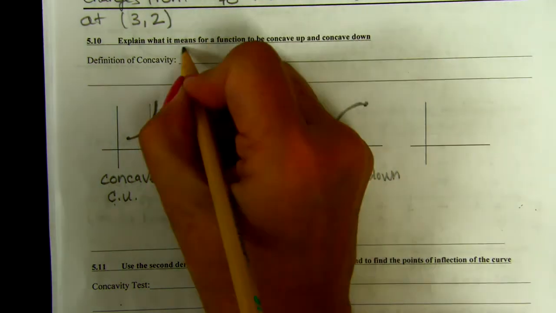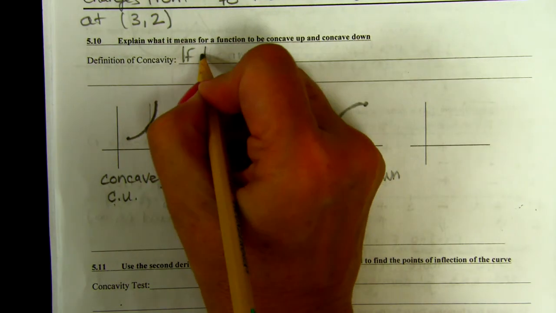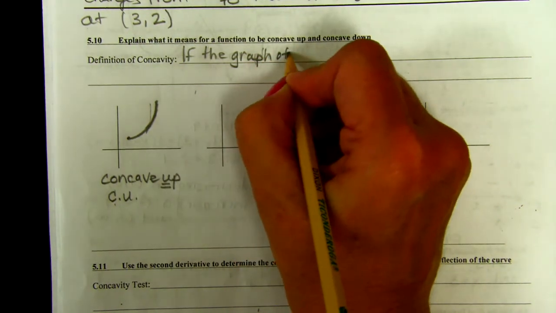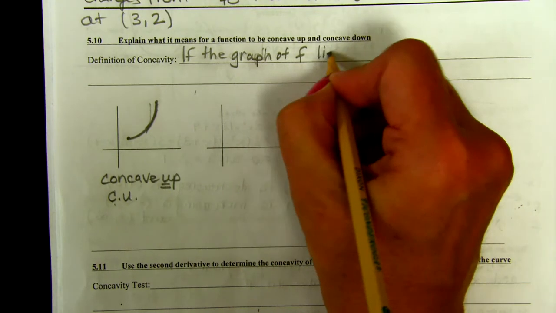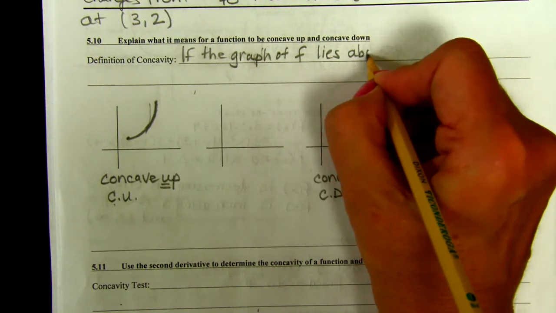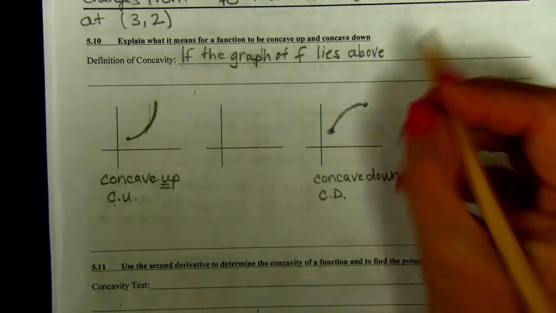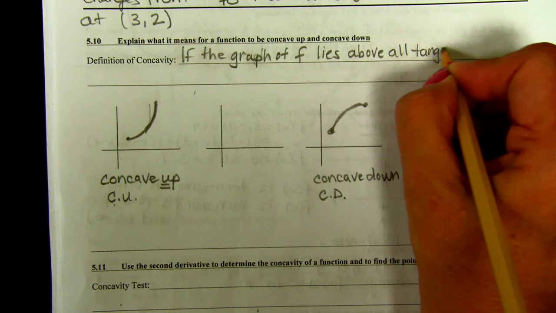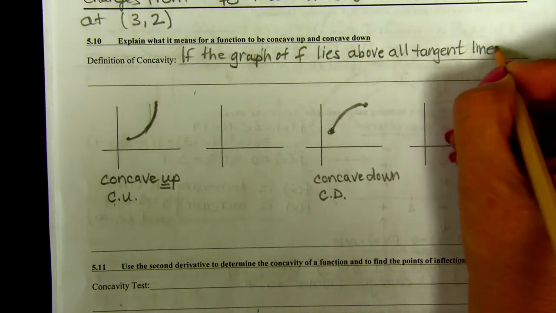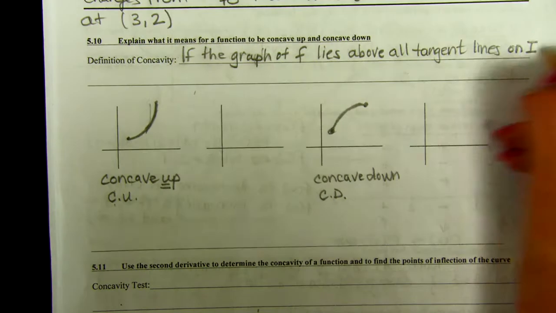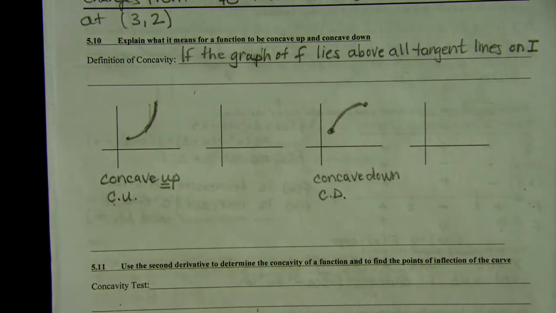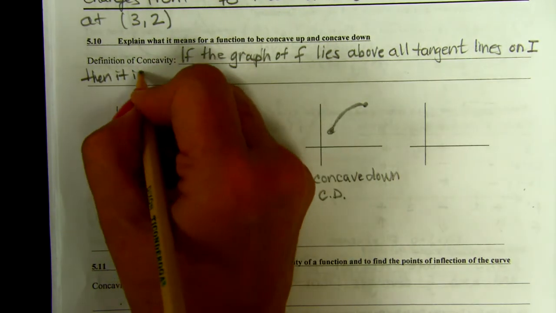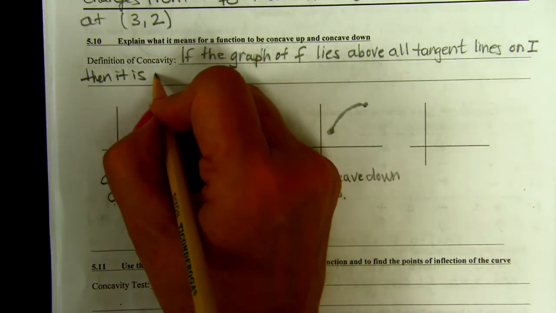So if the graph of f lies above all the tangent lines on some interval I, then it is concave up.